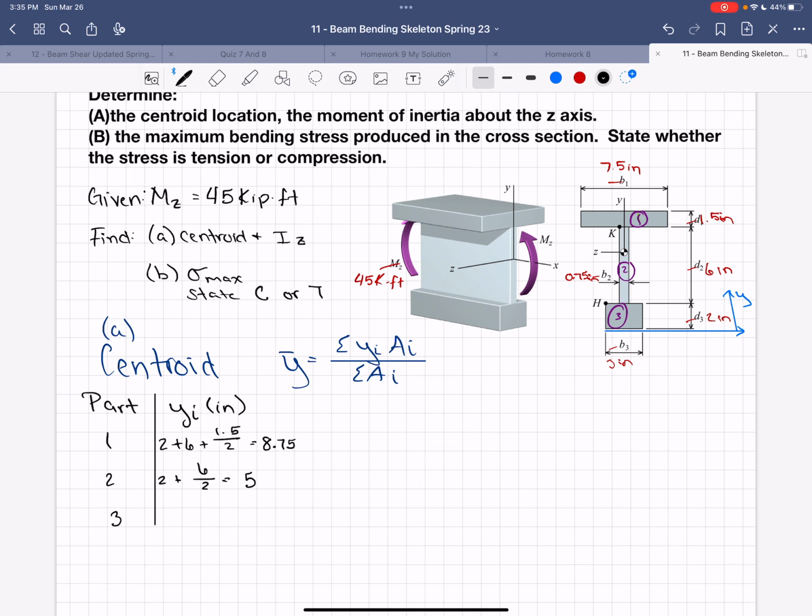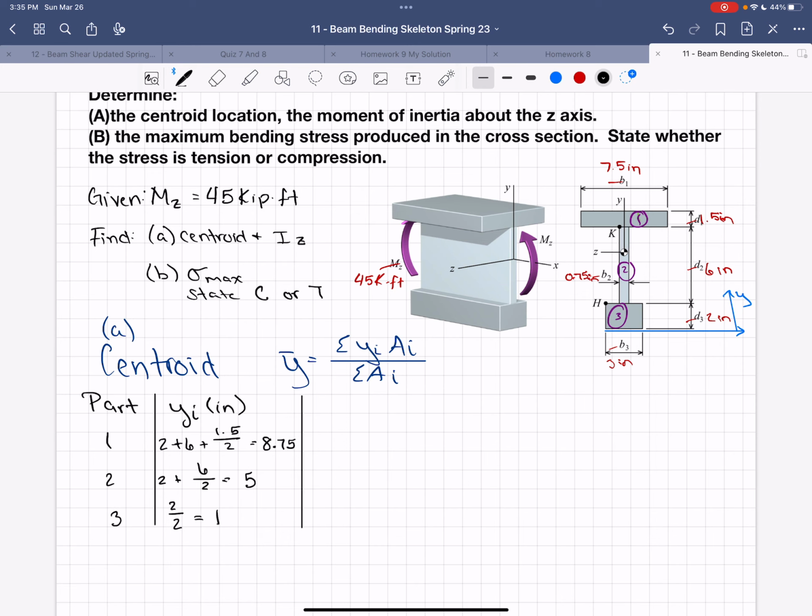And then part 3, all we have to do is go halfway up part 3, which is 2 over 2. 2 divided by 2 equals 1. All right. So that's that column.